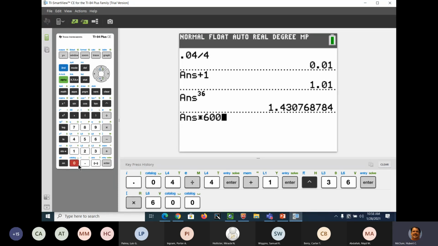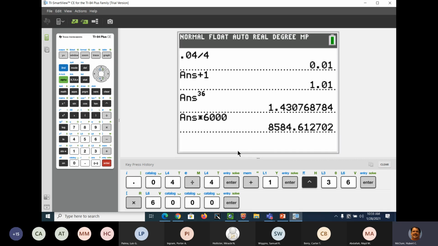And that is how you do these types of problems. Like I said, it's a calculator drill. So by the end of 9 years, you're going to have $8,584.61, which is a profit of $2,584.61 that's paid in what?